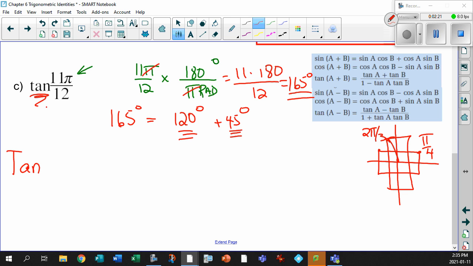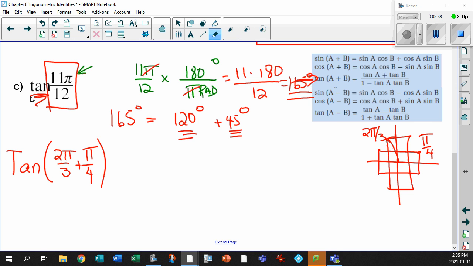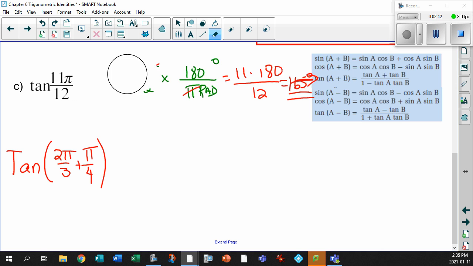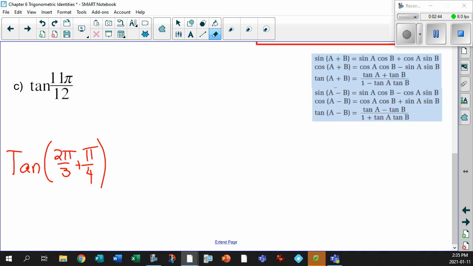So tan of 11 pi over 12 is actually the tan of 2 pi over 3 plus pi over 4. Beautiful. It's some identity, so we're going to use this guy. Let's get rid of our scrap paper here just by cleaning up our values real quick, that way we're not distracted.